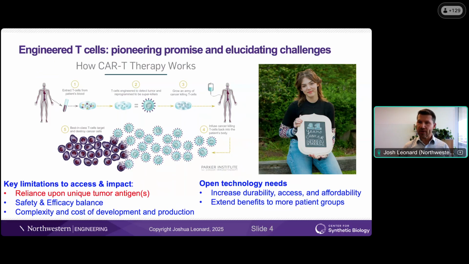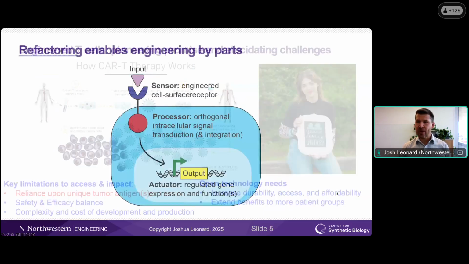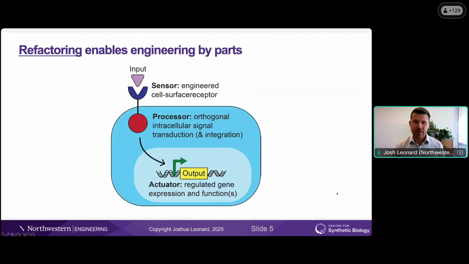So how do we go about solving that? We're going to talk about a slightly different approach for taking on a similar challenge. To frame the way I'll be describing these tools, this is a very classic way that we think about how to build up a complicated functionality from parts. Of course, this is easily described as a receptor signal transduction cascade and maybe a gene regulation circuit, but it actually has power in the design framing to think about these in the metaphors of sensing, processing, and actuation.